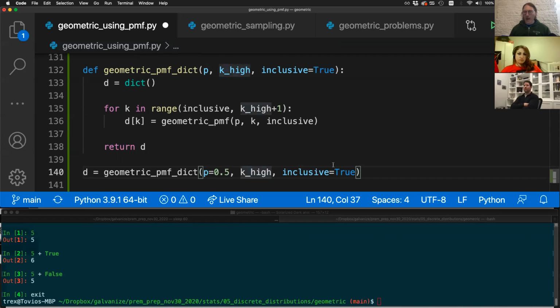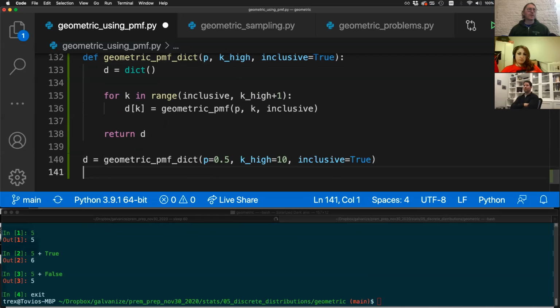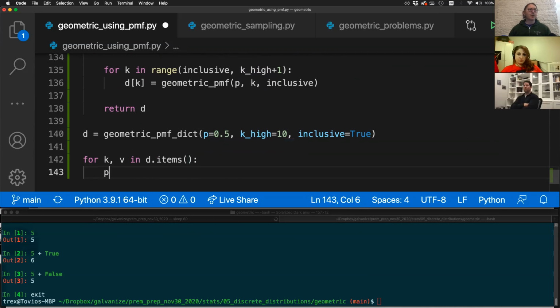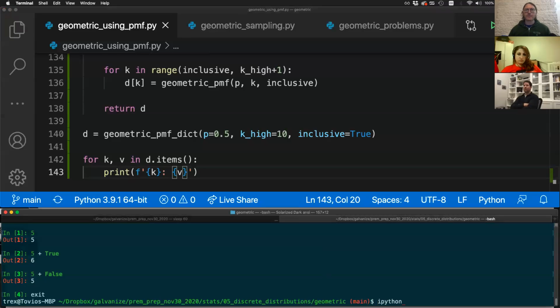We'll set k high to, I don't know, let's do 20, let's do 10, because it's going to become improbable fairly quickly. And I'll say for k, v in d.items, and we can print the f string k and v. And let's see what that looks like.